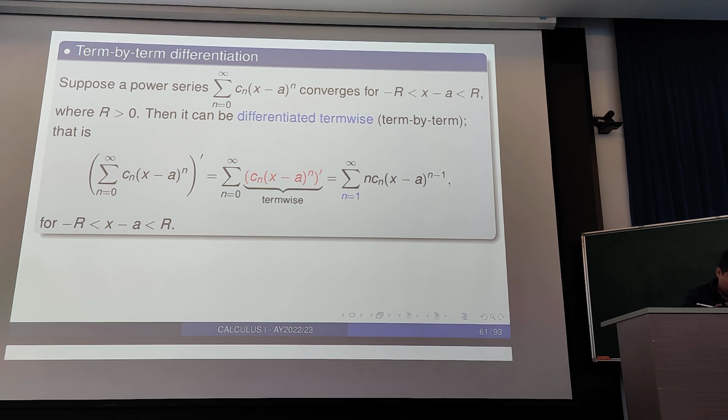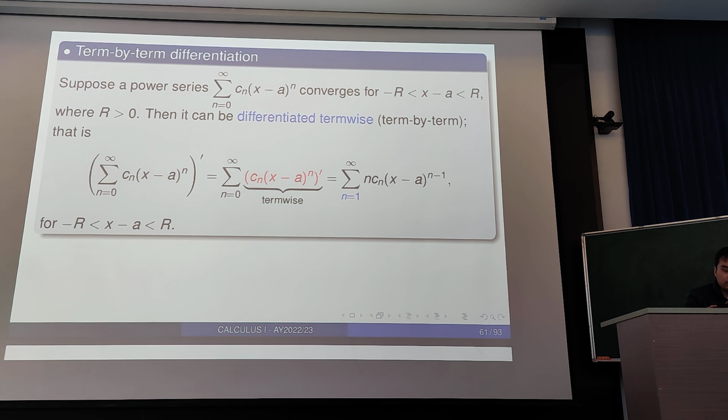So here is the answer. We suppose a power series converges of this form, for x satisfying this interval, where R is the radius of convergence. Then you can differentiate this power series term-wise.